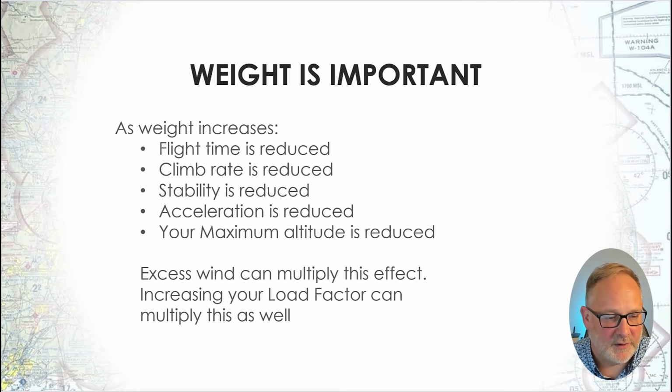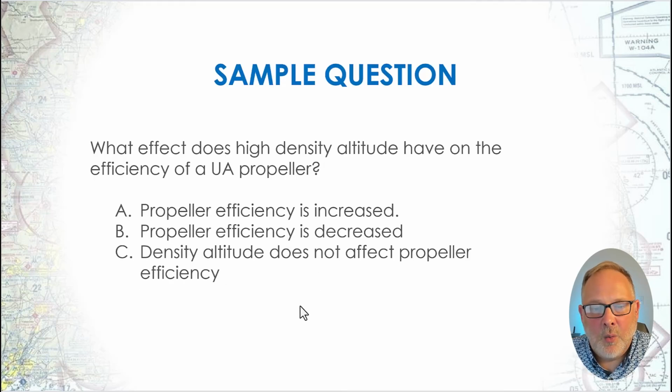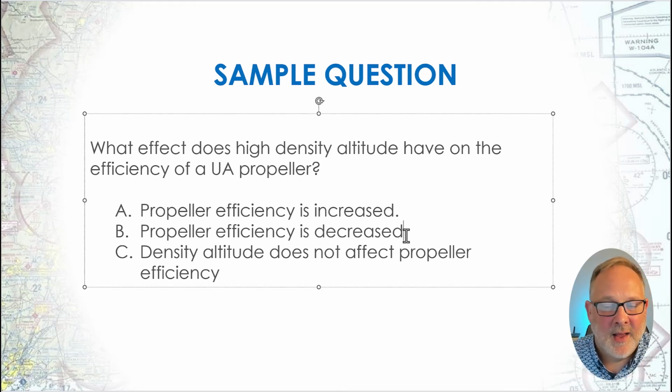What effect does high density altitude have on the efficiency of a UA propeller? High density altitude. When in doubt, choose the answer that says decreased, unless you're sure that it's the other way.